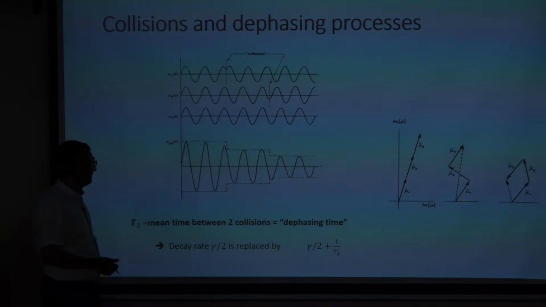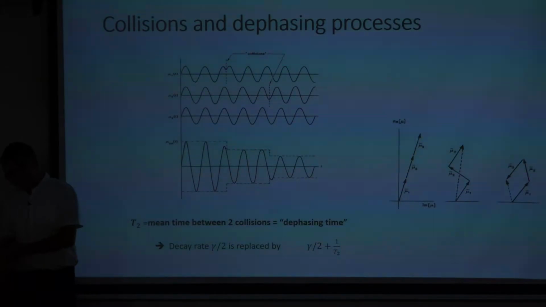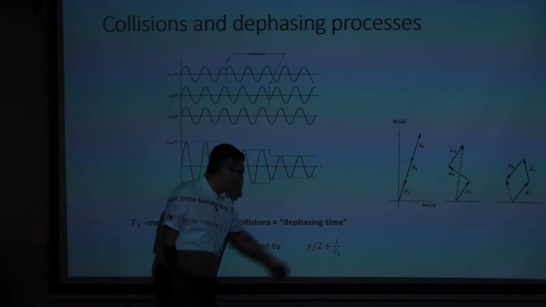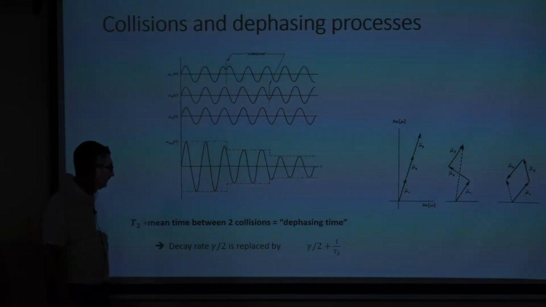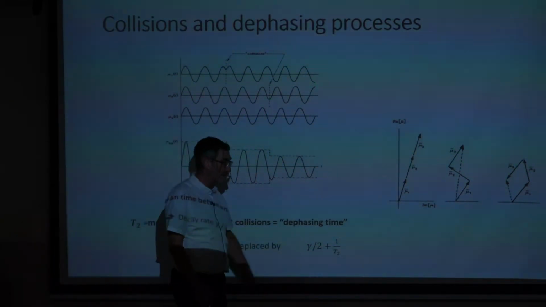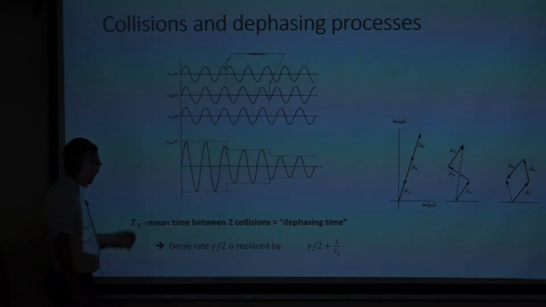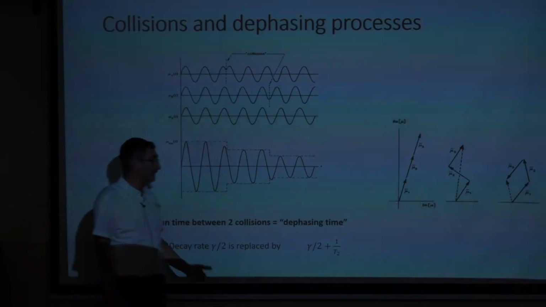So the overall decay rate is the sum of the radiative decay rate gamma, the damping term, which includes the radiative and non-radiative terms, plus 1 over T2 here, which represents the collision decay due to the fact that we consider an ensemble of dipoles.